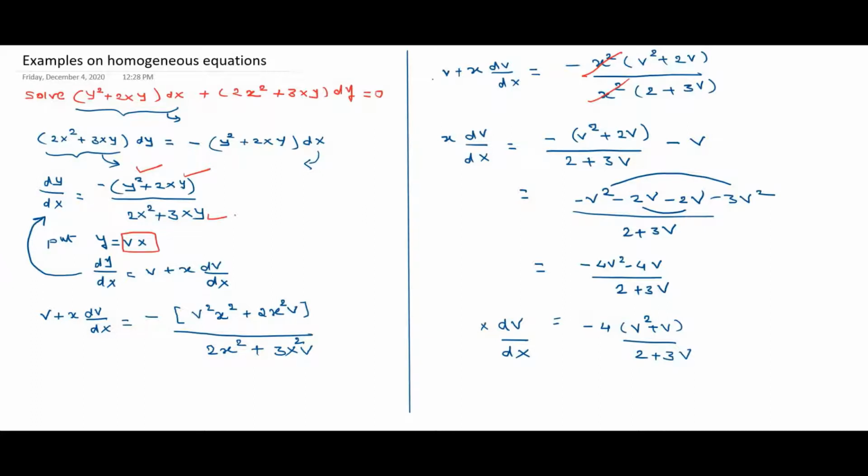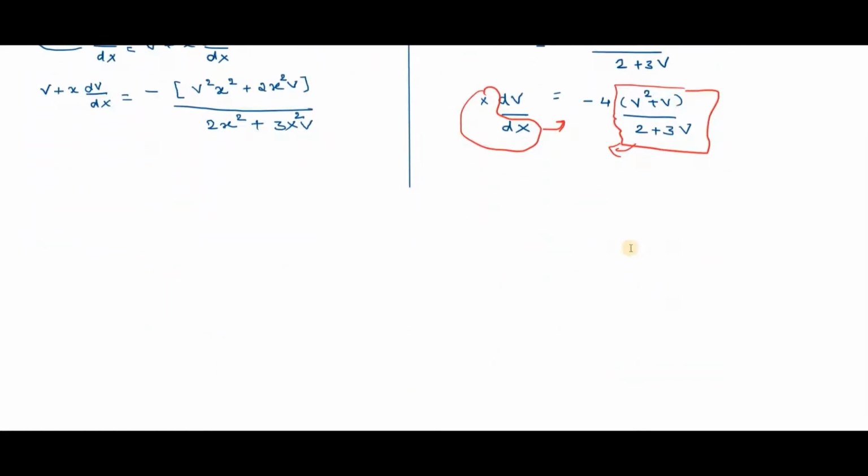Now transpose this (v square plus v) divided by (2 plus 3v) to the left hand side, and this x divided by dx to the right hand side. If you transpose this right hand side term to the left hand side, you will get (2 plus 3v) divided by (v square plus v) into dv is equal to minus 4.